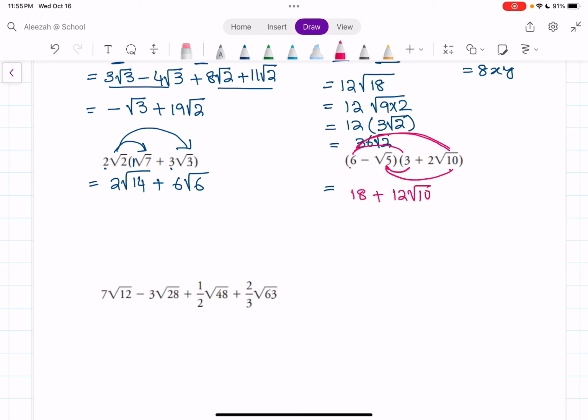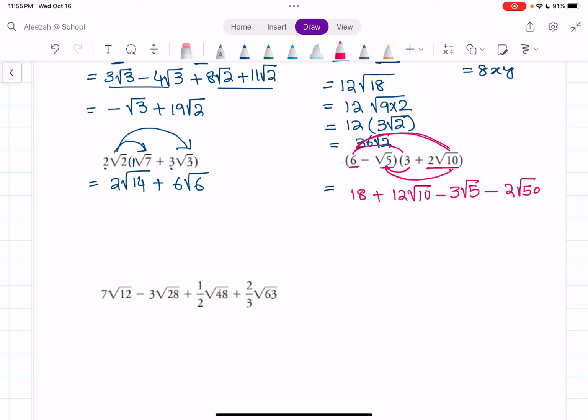When I multiply 6 with 2 square root of 10, I will multiply 6 with 2 only. I won't multiply the 6 with 10. Minus, then 5 times square root of 5 times 3 will be 3 square root of 5. Minus square root of 5 times 2 square root of 10 will be 2 square root of 5 times 10 is 50.